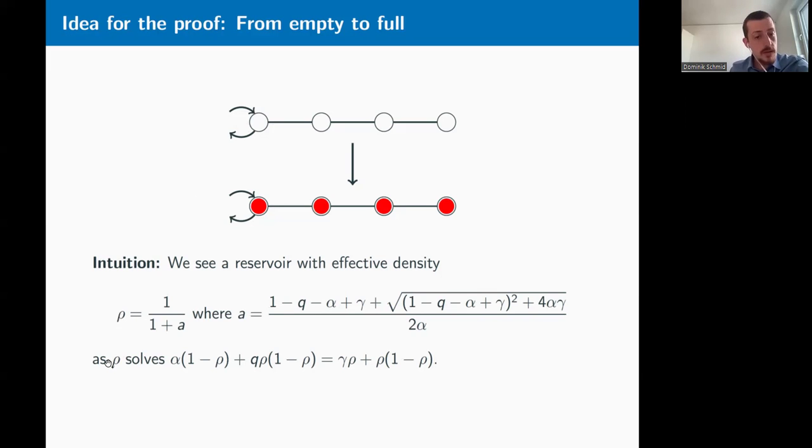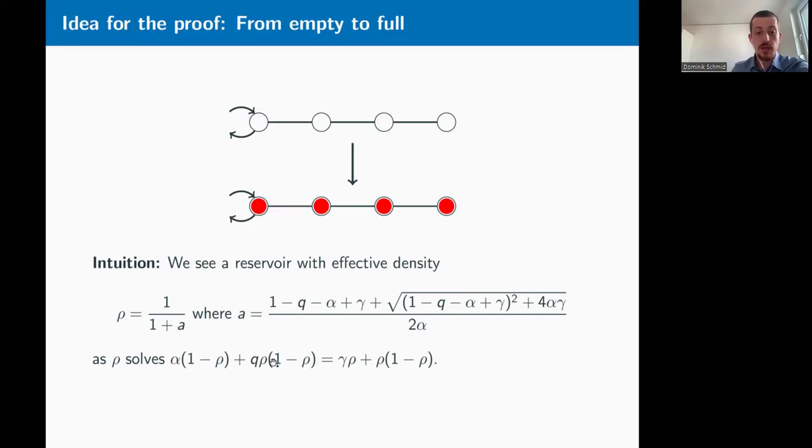And you can check that rho should solve this quadratic equation. The number of particles arriving at site 1 should be proportional to alpha times 1 minus rho. So alpha for the rate of particles entering, 1 minus rho because you want this site to be empty in order to have a particle arriving, plus q times rho times 1 minus rho. So at rate q, a particle from site number 2 jumps to site number 1.